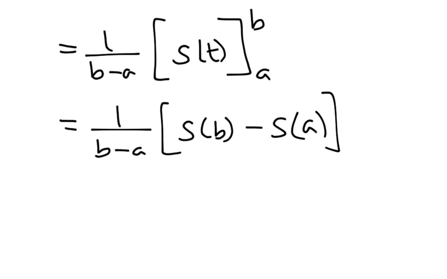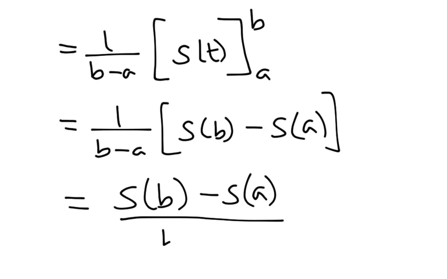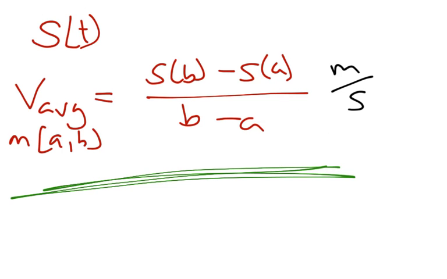And when we do this, we get the exact same thing that we just had on that previous page. We get the change in position over the change in time, which is what we defined average velocity to be way back in an earlier chapter. Completely consistent. Average value and average rate of change are linked together, but they're talking about two different functions.